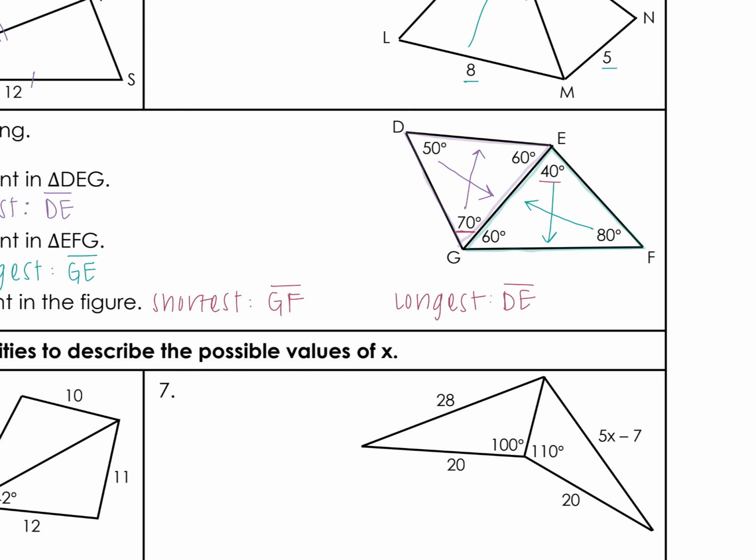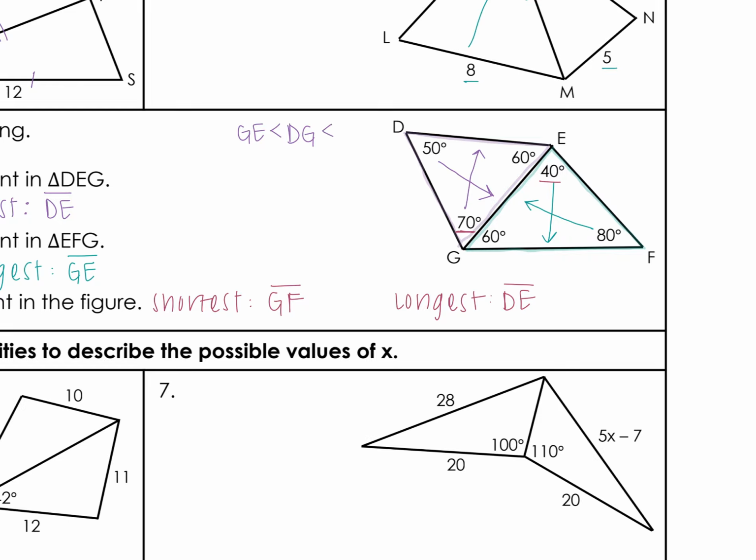Another way that for some of y'all might be a little more helpful is if you write it out just using the side lengths in general. So for my purple triangle, my shortest one would be that GE. Then the next one would be DG.